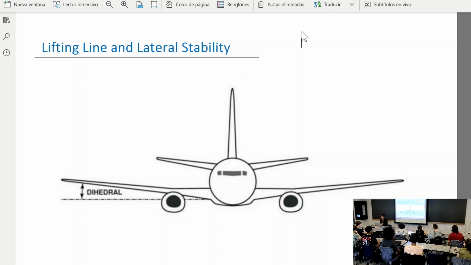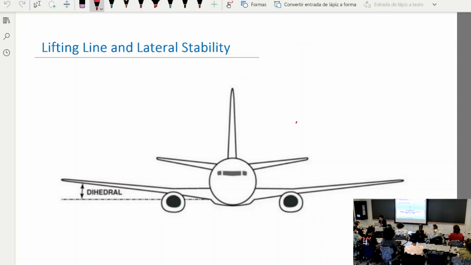Lateral stability is when the whole airplane, let's say, banks towards one side. So for example, let's say, I can't move the image, but let's say it's banked in such a way that this is the upward direction. If the airplane is banked in that way, the gravitational force is going to start to work towards the left, right? So if this is the upward direction, then gravity is going to start pointing towards the left.